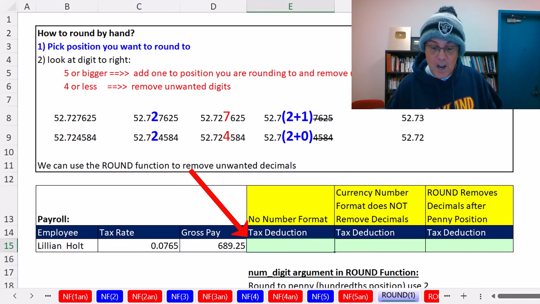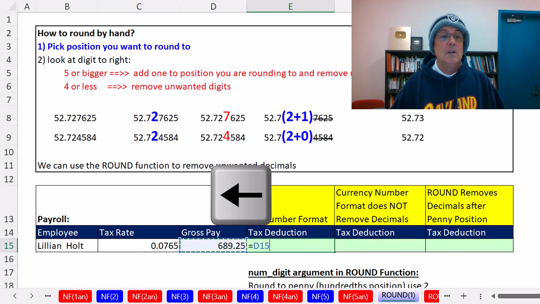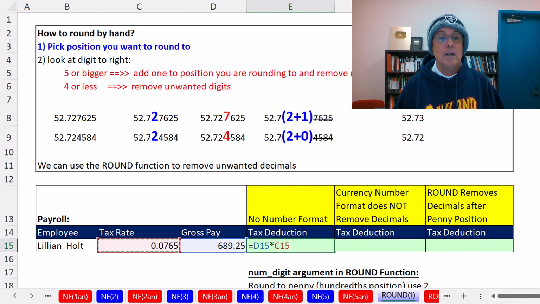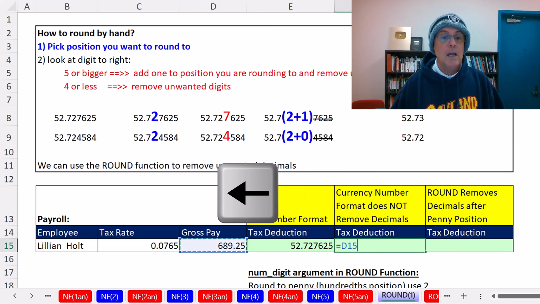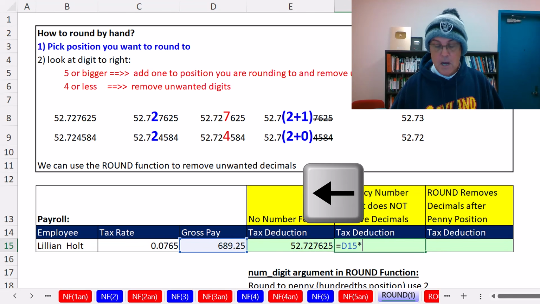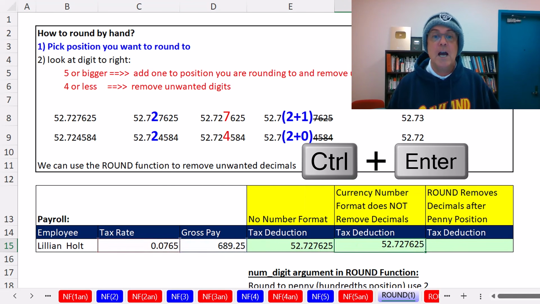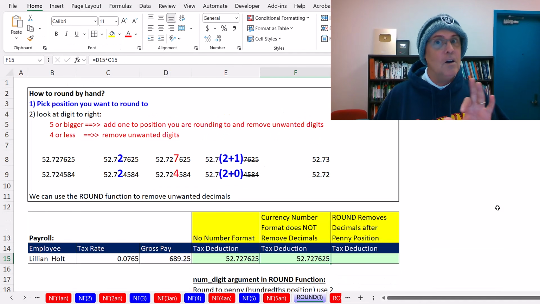Hopefully not longhand. Equals gross pay times our tax rate. And if I Control Enter, we have 52 and a bunch of messy decimals. Now I'm going to leave that there with no number formatting. We'll redo the calculation. Arrow to get our gross pay times, and there's our tax rate. All right, now I'm going to apply currency number formatting. There's currency.